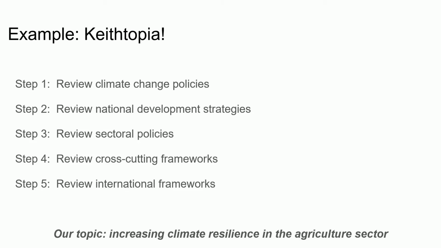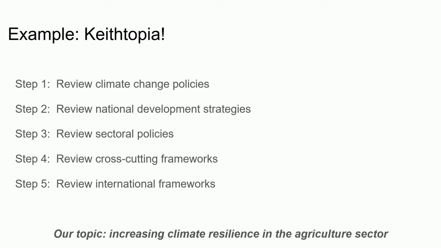So first we looked at the NAPA, and we also looked at the Nationally Determined Contribution, NDC, and the Second National Communication to the United Nations Framework Convention on Climate Change, or SNC. We were able to access all of these, fortunately, online. From these documents, we learned that Keithtopia's agriculture sector has been affected already by climate change, and these effects will continue and get worse in the future.